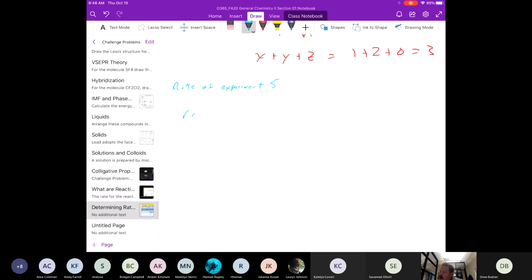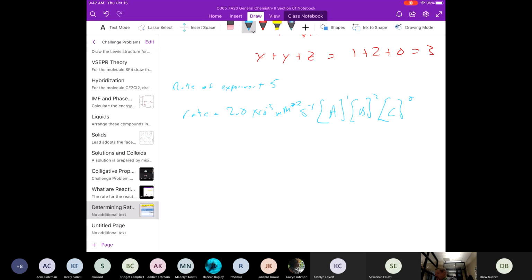So in this, we have the rate is equal to k, oh, sorry, 2.0 times 10 to the -5 millimolar to the -2 seconds to the -1 times A to the 1, B to the 2, C to the 0.